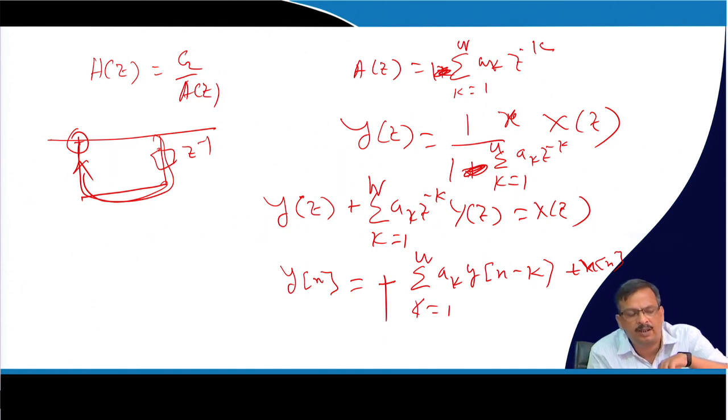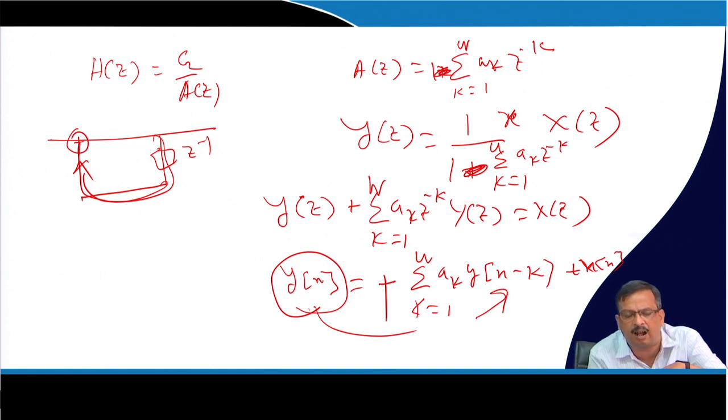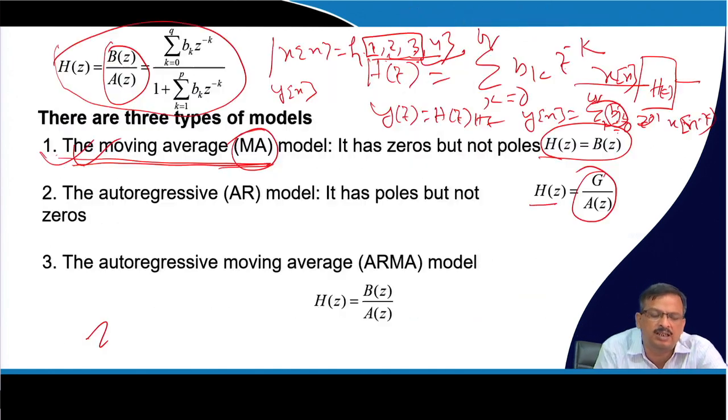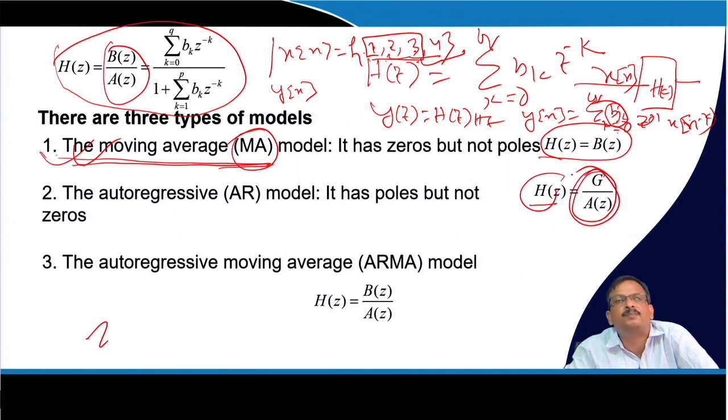So the current sample y of n depends on the previous q number of outputs plus the present input. So it is called the auto-regressive method. That's why it is written as H of z equal to G by A of z. So it only has a pole, no zero.